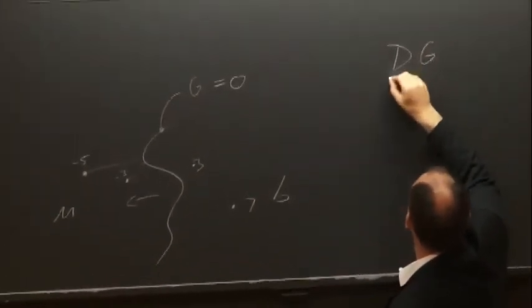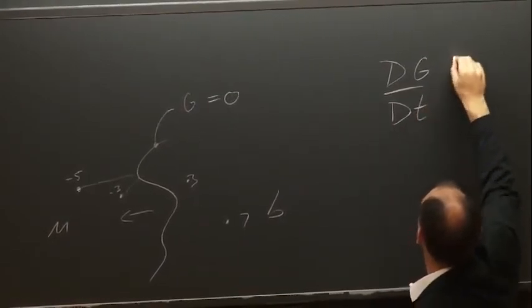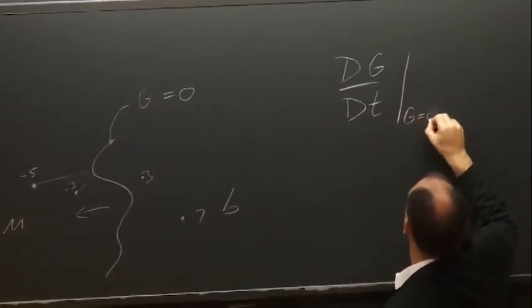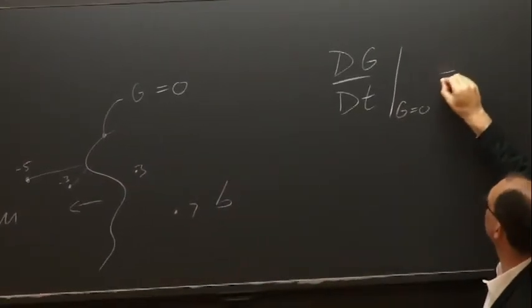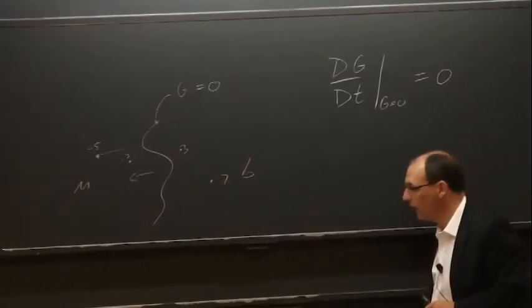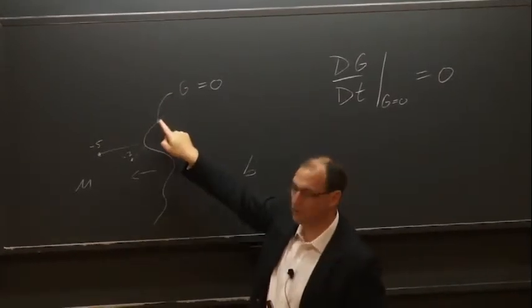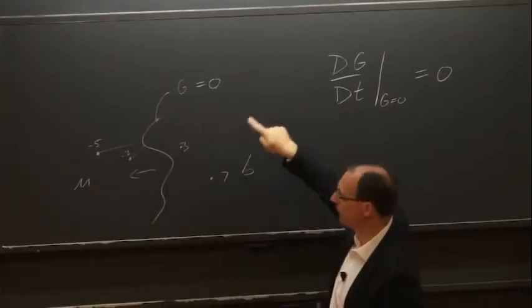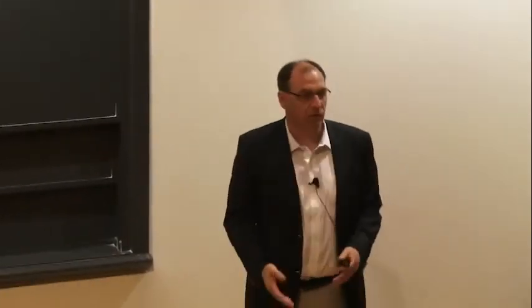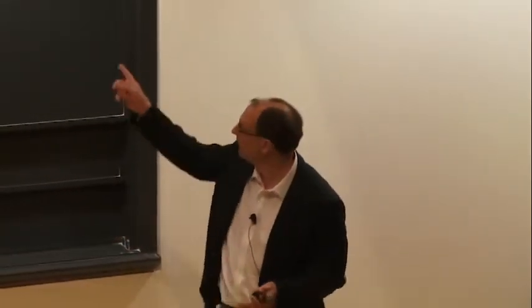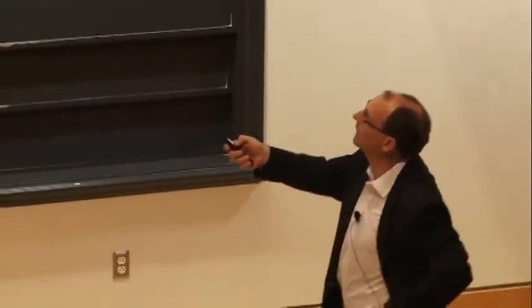So I can say the substantial derivative, dG/dt, for G equal to 0, moving with the flame front, that has to be 0. Okay? So if I sit on the flame front and I move with the flame front, then the value at my feet shouldn't change. It should always stay 0. So that's the equation.